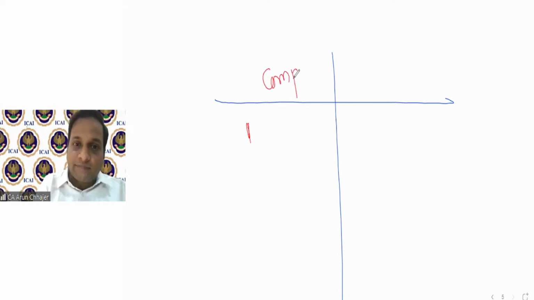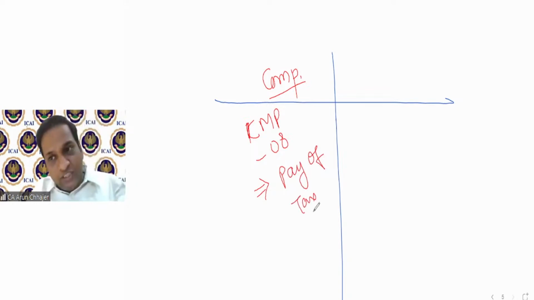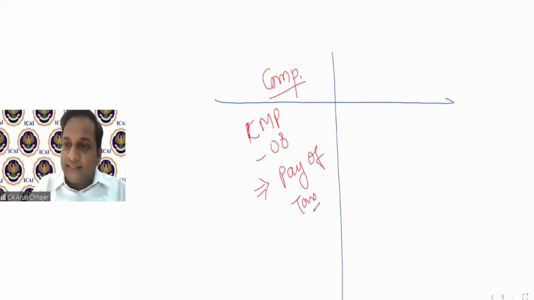A composition dealer has to file CMP08. That is not a return, that is only the payment of taxes. The composition dealer has to pay the taxes through CMP08 on a quarterly basis.